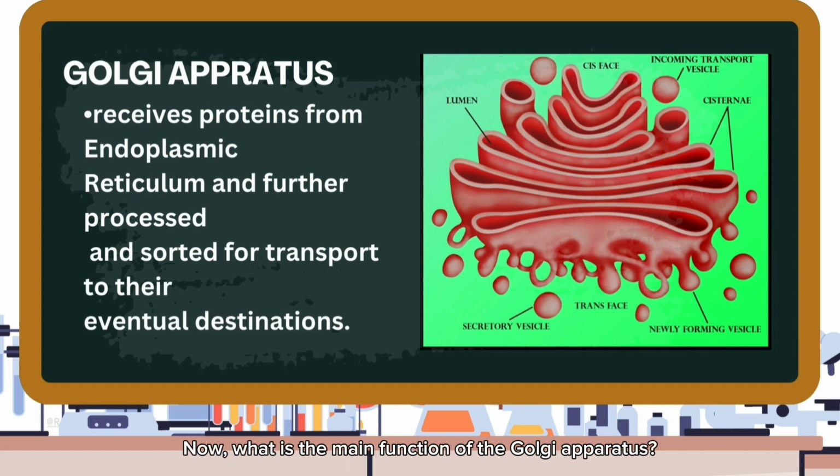So now, what is the main function of the Golgi apparatus, ma'am? The Golgi apparatus is the one packaging and secreting proteins. It receives the proteins from the endoplasmic reticulum. Since we talked about the endoplasmic reticulum earlier, the RER is the one synthesizing proteins.